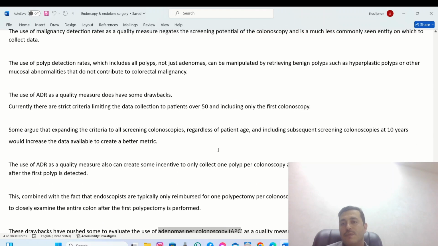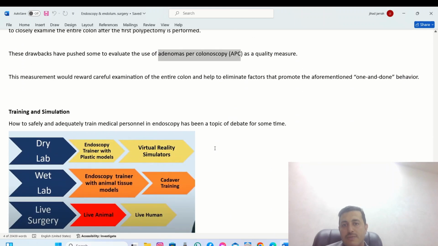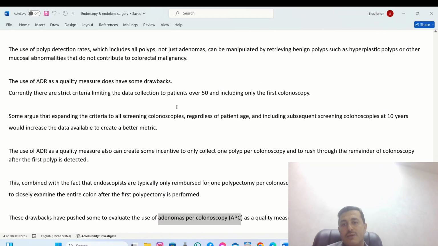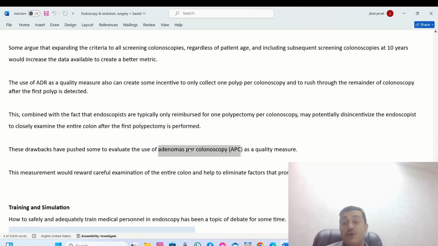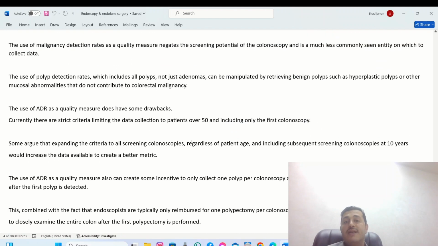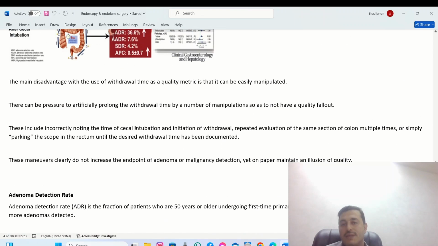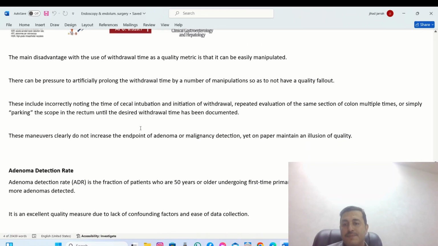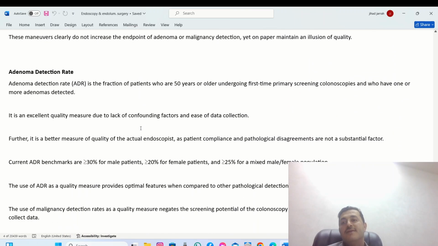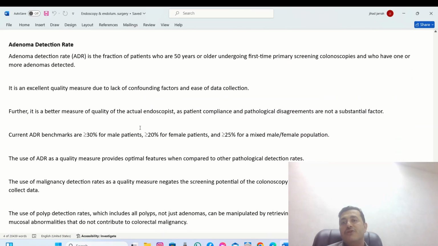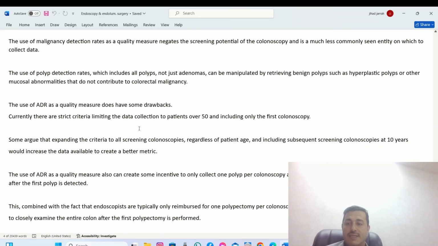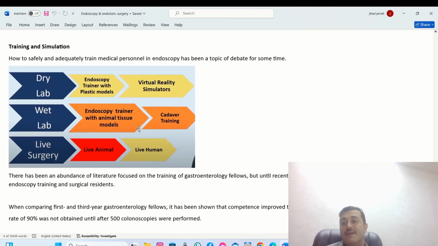Okay, so these are the quality measurements. The best is adenoma detection rate. Adenoma per colonoscopy is also excellent. Withdrawal time is good, but not as good as adenoma detection rate and the other modalities we already discussed.